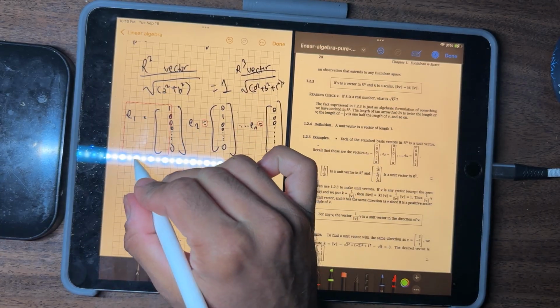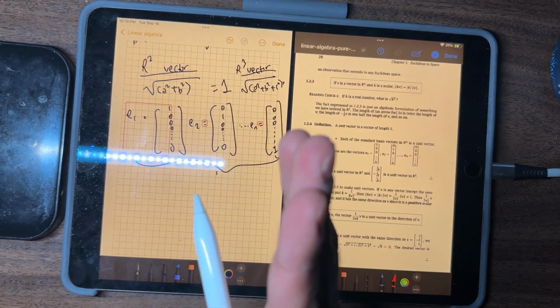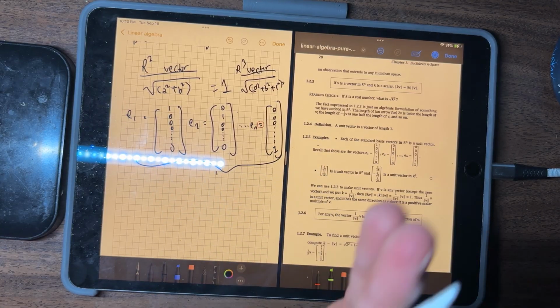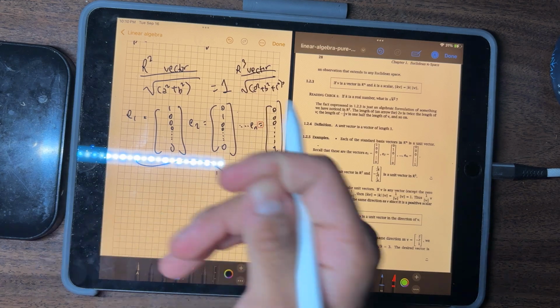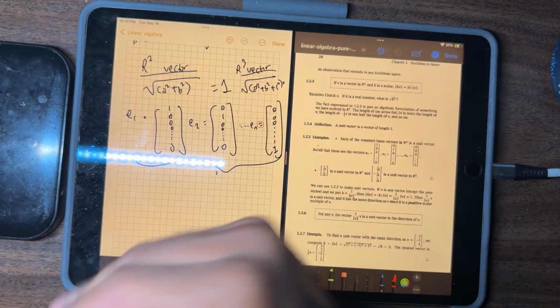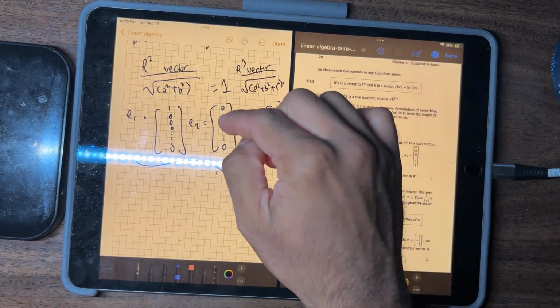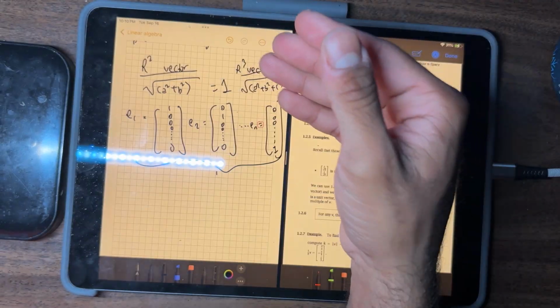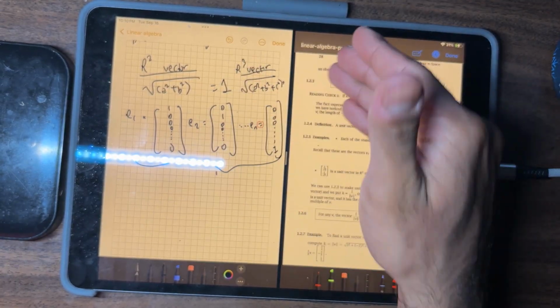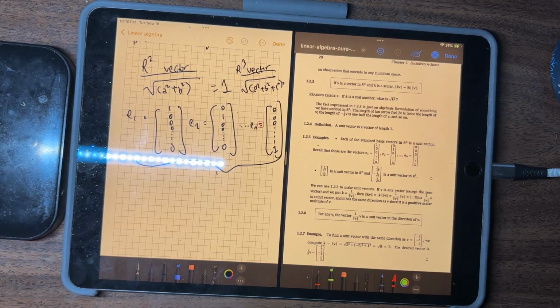So if I were to add all those, I am going to have E1, which is simply the vector component of 1, the root of 1 plus 0 plus 0 plus 0 plus 0 plus 0 plus 0, which is simply 1. And if we do the same for E2, it would be 0 plus 1 plus 0 plus 0 plus 0 plus 0, which is 1, and then 1, and then 1, and then 1, and then 1.